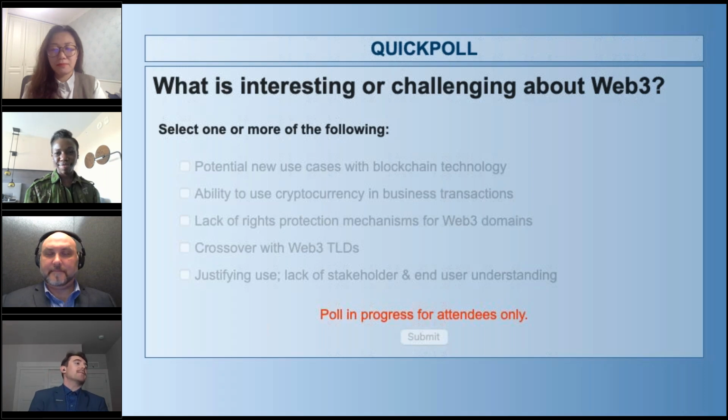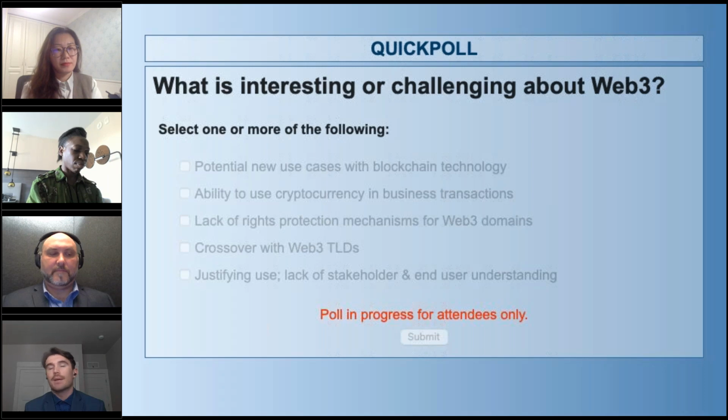Just a reminder that if you could please take a second to select all that apply with regards to this prompt. This is really helpful for us, especially as we discuss this new and emerging landscape of Web3. We will move on to the next slide in a few and discuss more about Web3 at ICANN.